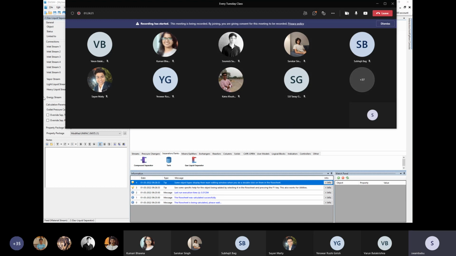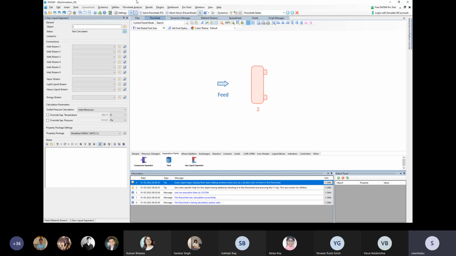Students, those who have not answered earlier. If something is in red color in the software, what does it mean? It has not been defined completely. Yes, it's not been defined completely. Very good, Andrija.